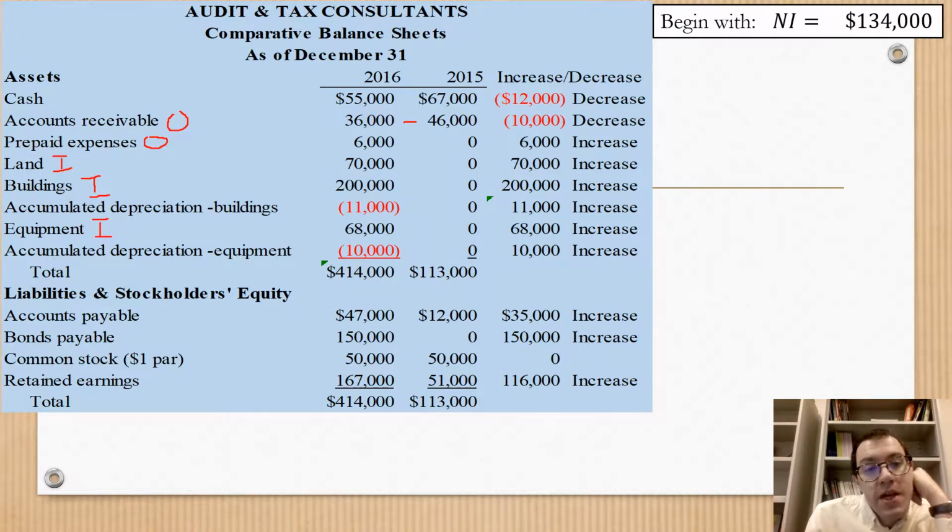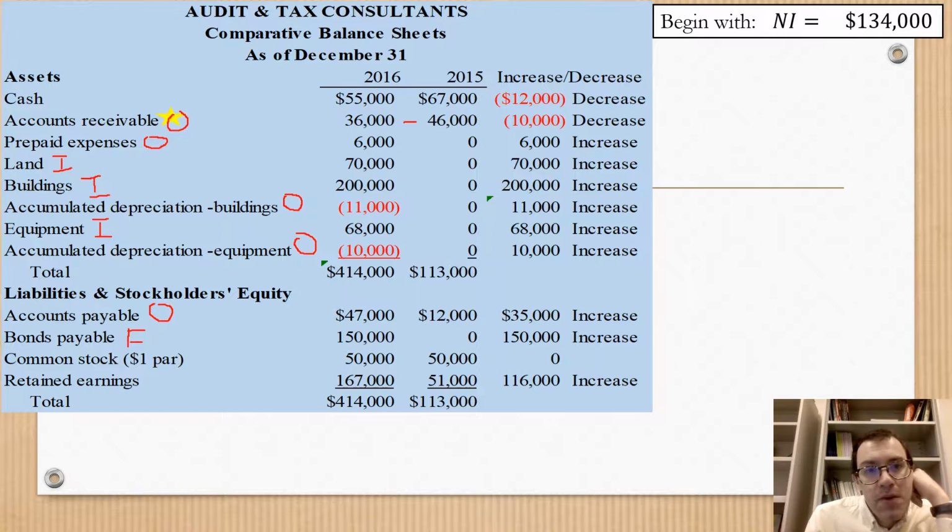But the depreciation on the buildings and the equipment, those are operating expenses. Accounts payable, I think we touched on that last video, that is operating. But bonds payable, that's like you're going to a bank or issuing public bonds. You're financing with that. That's big borrowing. That's not like accounts payable, where I owe a little bit of money to my supplier.